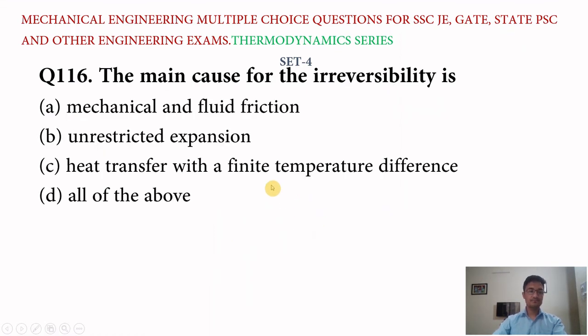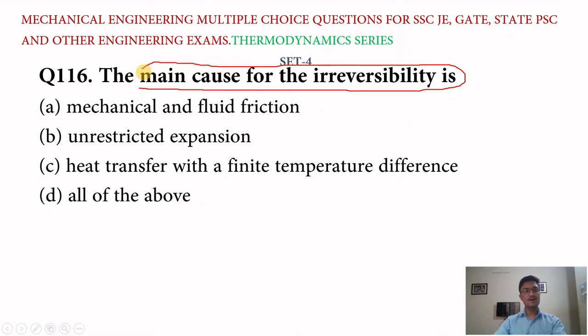Next question: the main cause for irreversibility is. As I said, I think all processes are irreversible. What are the causes of irreversibility? These are mechanical and fluid friction. Yes, it can be. Unrestricted expansion.